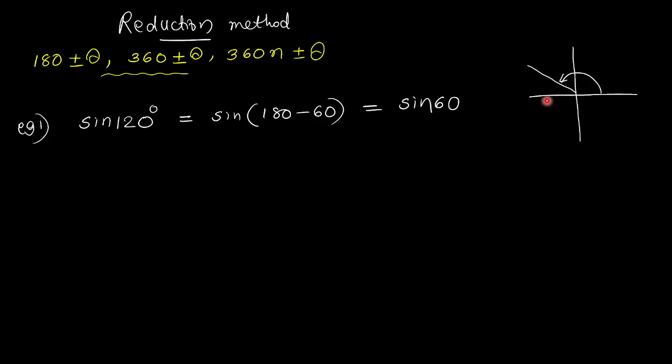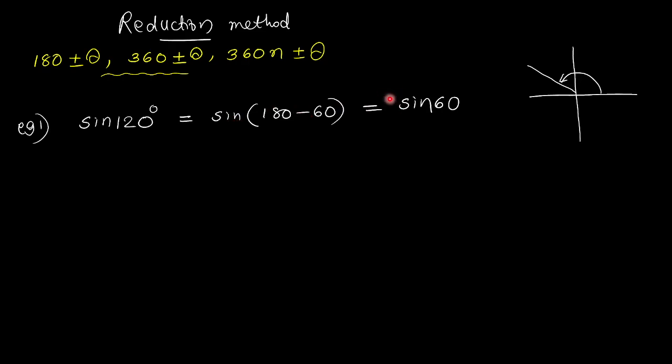In the second quadrant only sine is positive. Is it correct? Fadil, Aryan, is it correct? Yes, sir. So can I read it as sine of an angle in the second quadrant? Sine of an angle in the second quadrant will be positive.